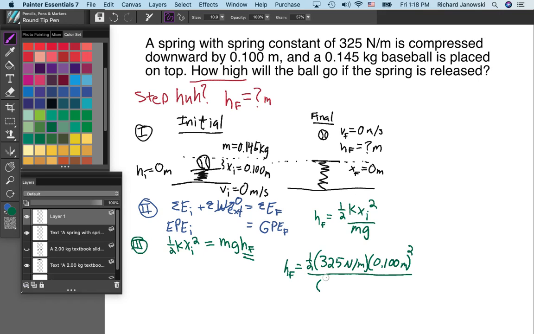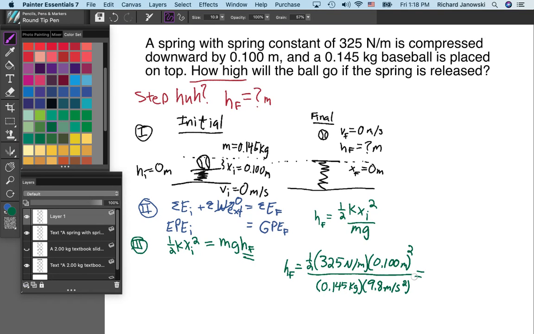So the mass is, computer getting laggy. Why is it getting laggy right when I'm trying to draw a 0? There we go. The mass, 0.145 kilograms times G. G is, use the positive number, 9.8 meters per second squared.